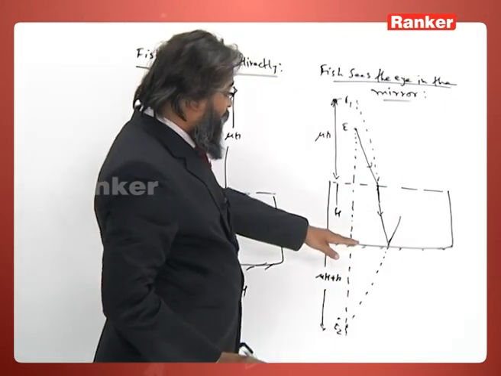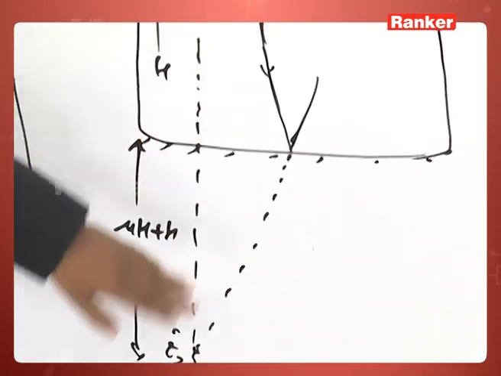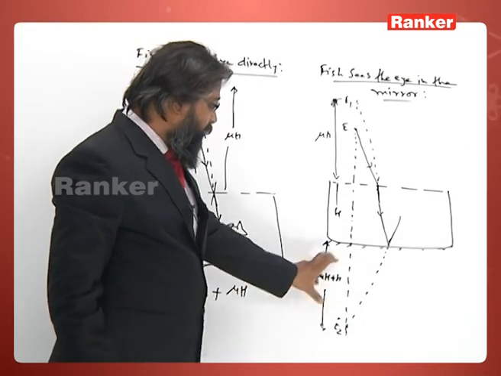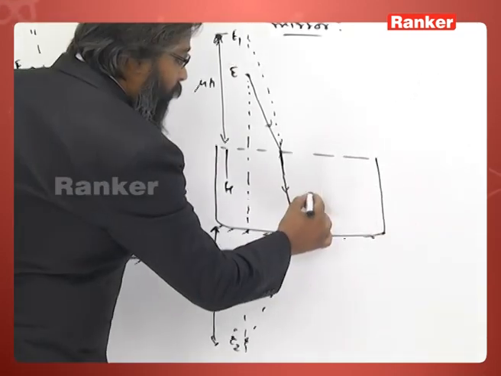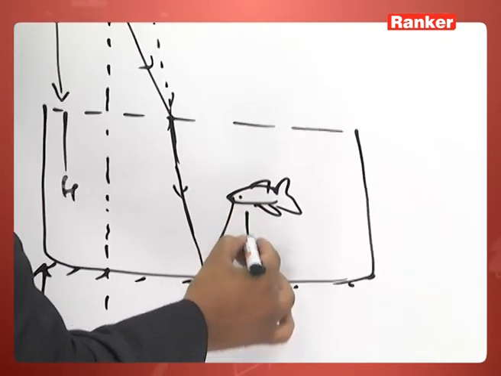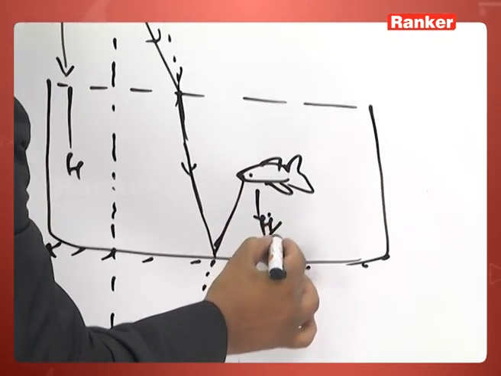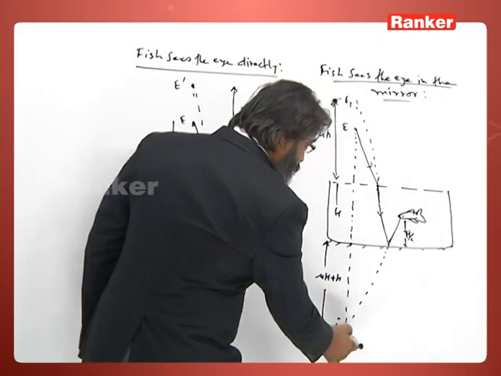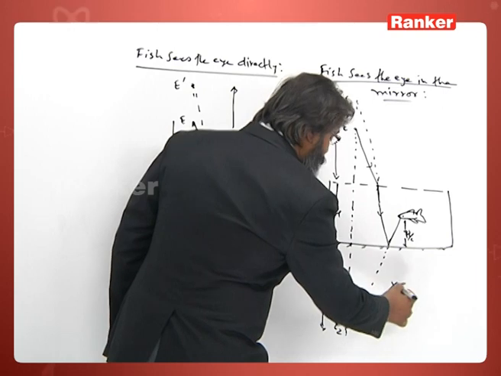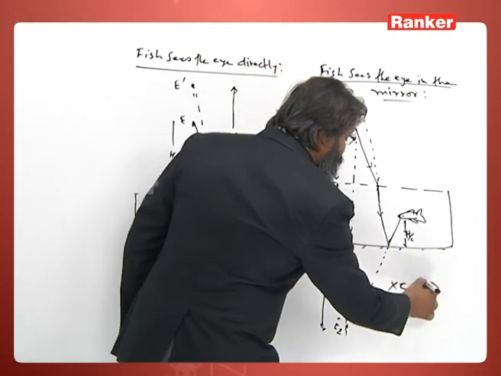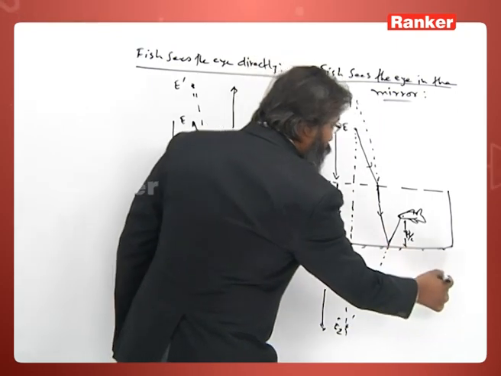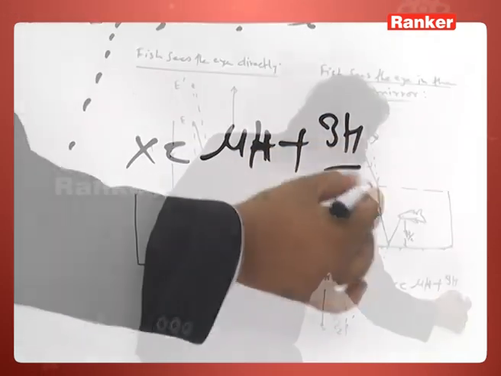The mirror forms the image at the same distance on the other side. So, this is the distance of the image. Now, here we have the fish, and this distance is h by 2. So, this is the final image of the eye in the plane mirror. So, here x will be equal to mu h plus h, and h by 2, that is 3h by 2.